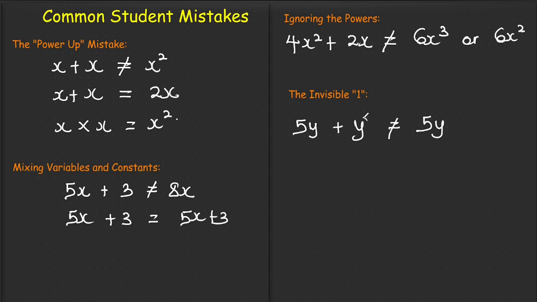Remember, we said if there is no number attached to a variable, there is 1 over there. And hence, if you want to add, you have 5 of the y's, adding 1 more y. That is going to give you 6y and not 5y. So these are petty mistakes you need to be able to correct before we start addition and subtraction proper.